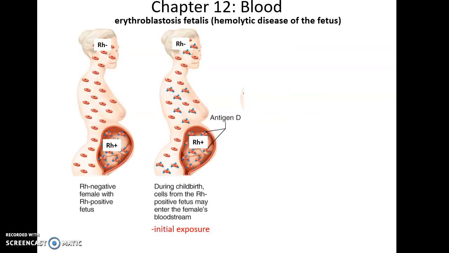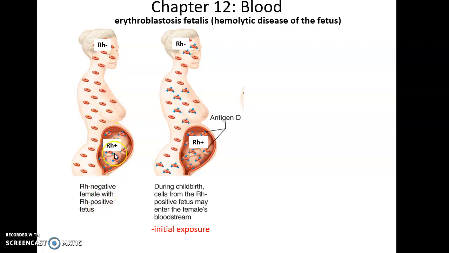All right, another possible complication that can happen is when a woman who is Rh negative is pregnant with a child that is Rh positive. And this can potentially lead to hemolytic disease in the fetus, also known as erythroblastosis fetalis. The way it works is, you have the mom who's Rh negative.